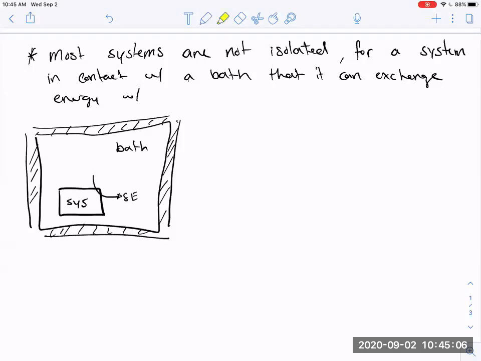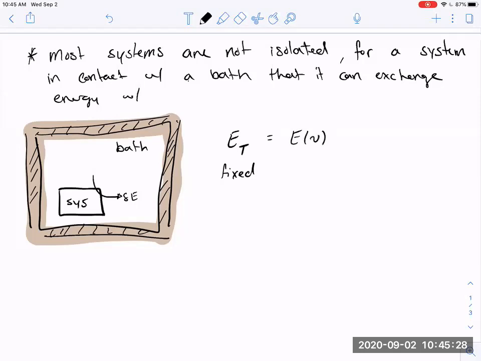All right, so everything inside the box has fixed energy. So there is some total energy, I'll denote ET, which is fixed. And it can be written as a sum of the energy of the system, which depends on the microstate of the system, plus the energy of the surrounding bath, which depends on what microstate it is in.